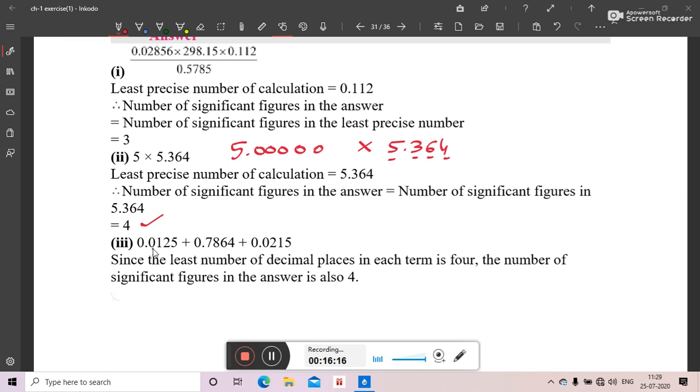Here after the decimal point there are 4 digits, here also 4 digits, and here also 4 digits. So we have to see the minimum number of digits after the decimal point. Here all 3 are minimum, that is 4 digits. So the answer should also be noted up to 4 digits after the decimal point. So here also the number of significant figures in the answer is 4.